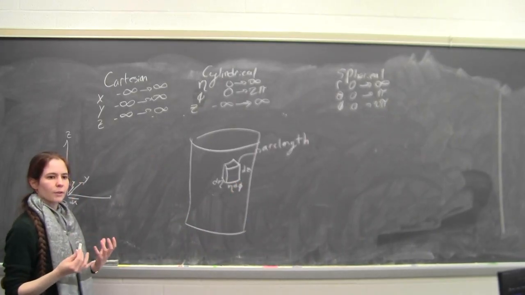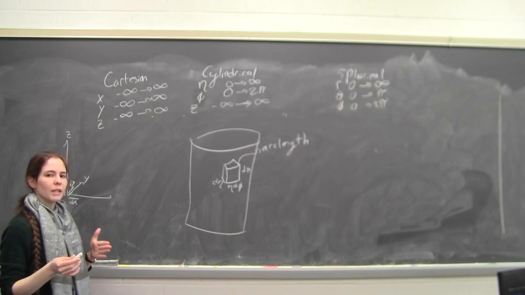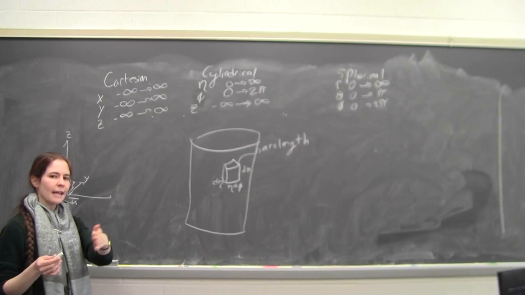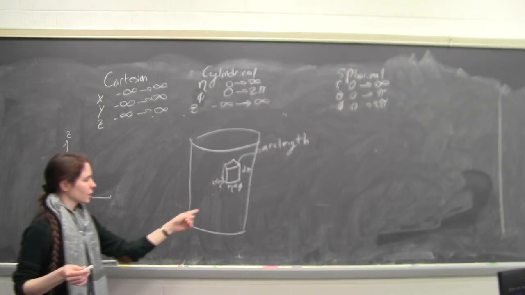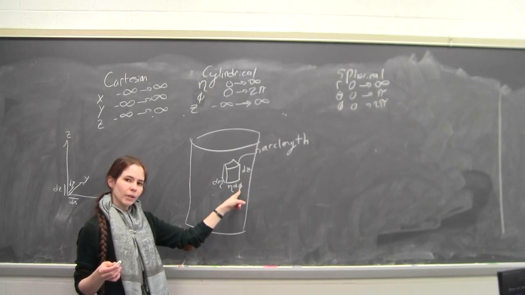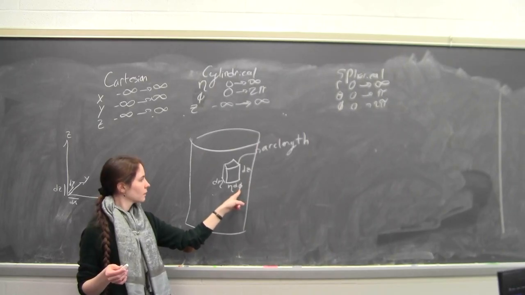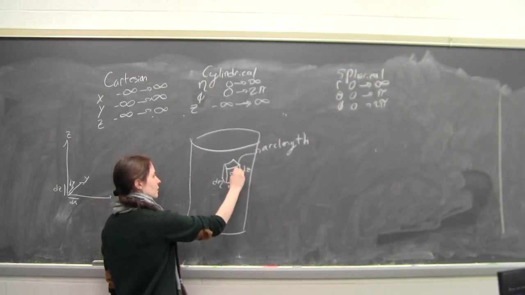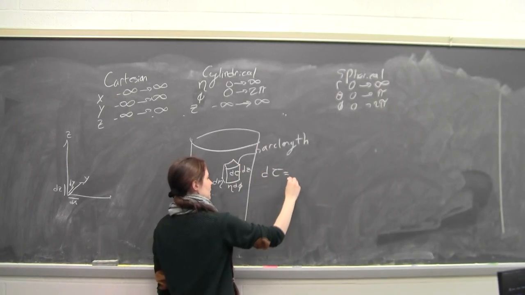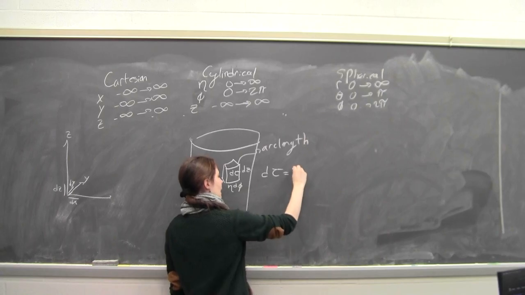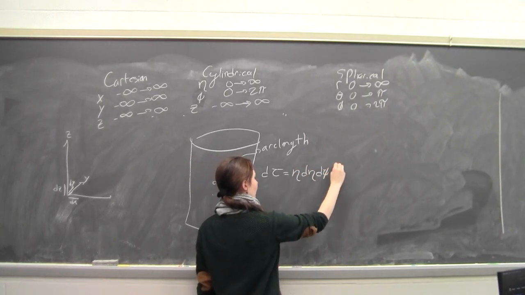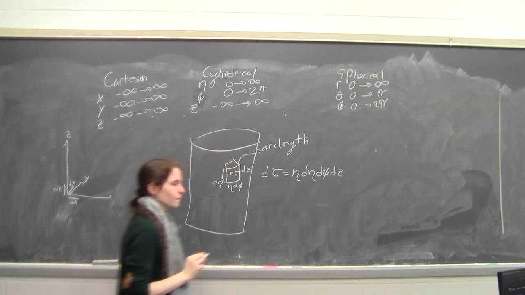Because normally an arc length would be the radius at which the arc is occurring times the angle it sweeps through. And so here it's occurring at a radius eta, and it sweeps through a little bit of angle d phi. And so this little cylindrical volume element, d tau, is just eta d eta d phi dz.